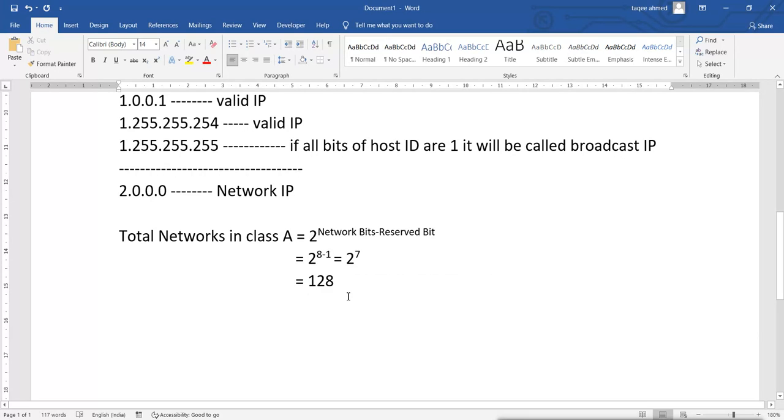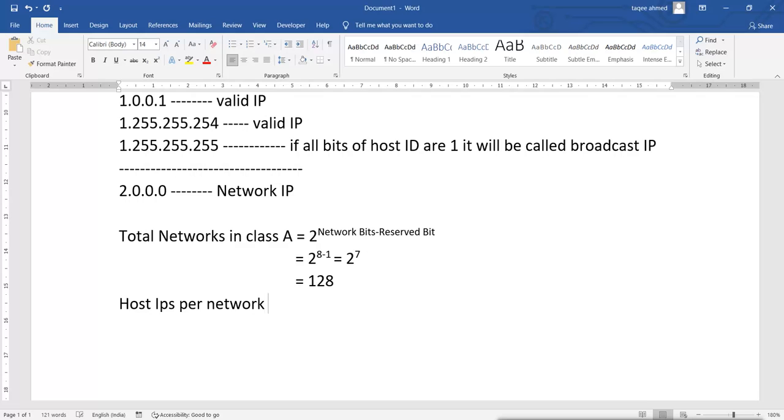Now in 128 networks, how many host IPs do we get per network?